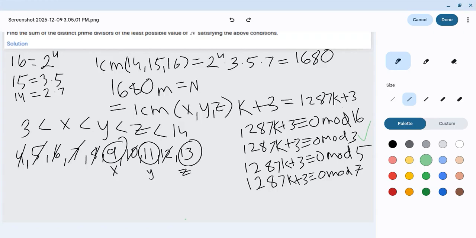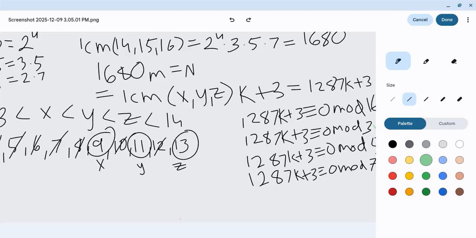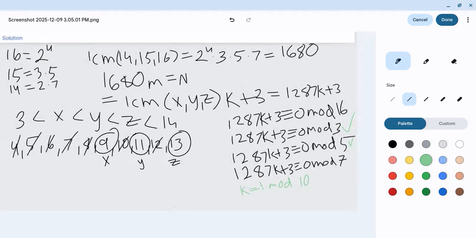So the multiple of 5 can either end with a 0 or a 5, but because we know that n is even, it cannot end with 5, so it has to end with 0, which means that k is 1 mod 10. Because then with the last digits, you'll have 7 plus 3, which gives you a last digit of 0. So this has been accounted for.